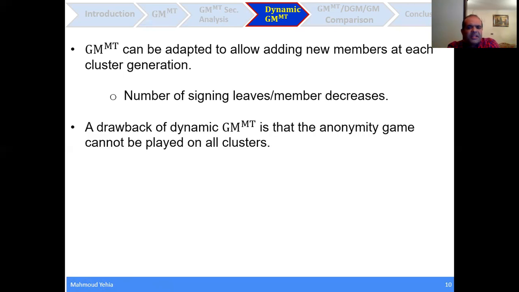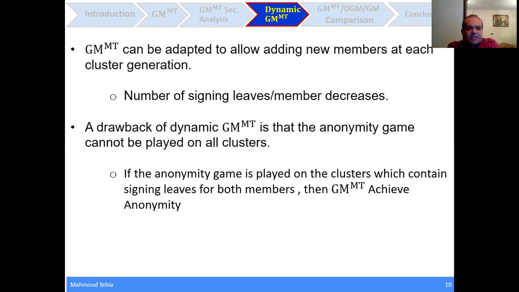A drawback of dynamic group Merkle multi-tree is that the anonymity game cannot be played on all clusters. If the two challenging identities are for a newly joined member and an older member, then the anonymity game must be played on the cluster which contains signing leaves for both members.